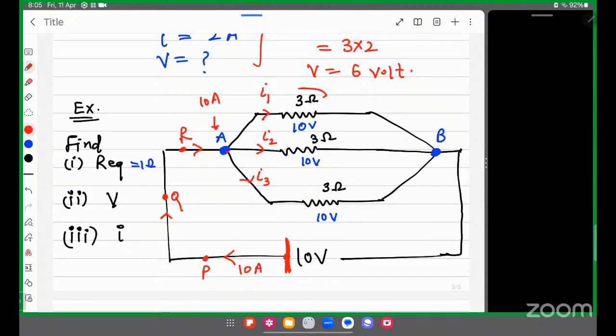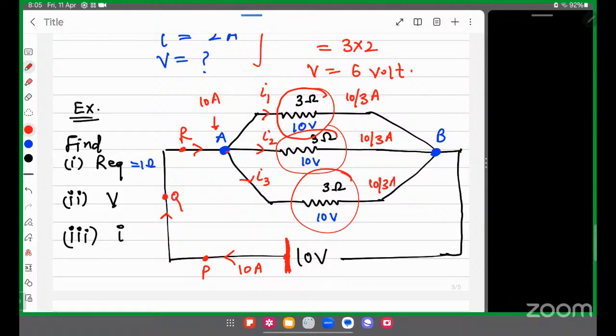So all these resistors are the same with the same potential, which indicates that the amount of current will be the same in all the three branches, which clearly states that if we have total current 10 ampere at point A and it is equally distributed in three branches, one branch will have 10 by 3 ampere.